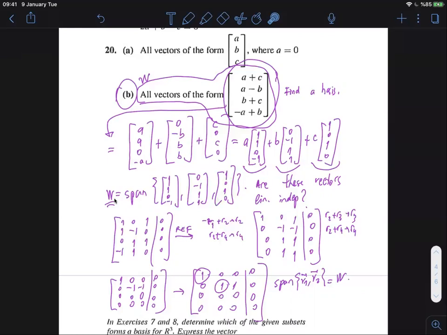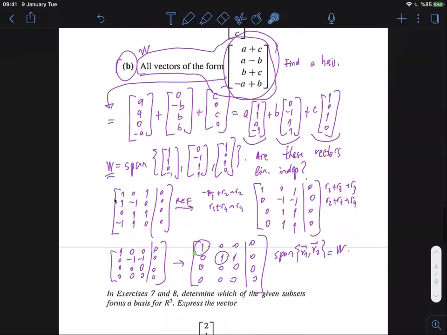So the third vector shouldn't be in the basis, because to be a basis, these vectors must be linearly independent. Okay, so we can ignore the third one, and we see that from here because only the first and the second columns have leading ones, which means vector 1 and vector 2 are linearly independent, but the third one is depending on the first 2.